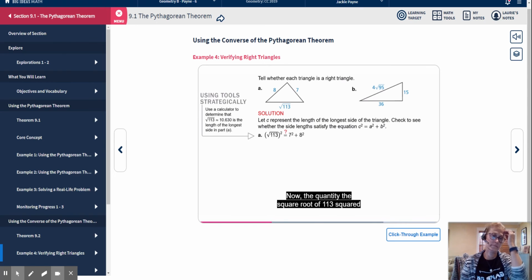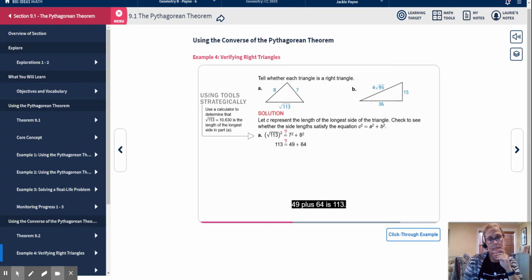Now, the quantity the square root of 113 squared is 113, 7 squared is 49, and 8 squared is 64. 49 plus 64 is 113. 113 equals 113. So, because the side lengths satisfy the equation c squared equals a squared plus b squared, the triangle is a right triangle.